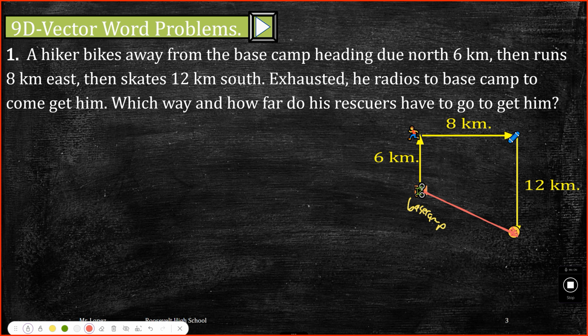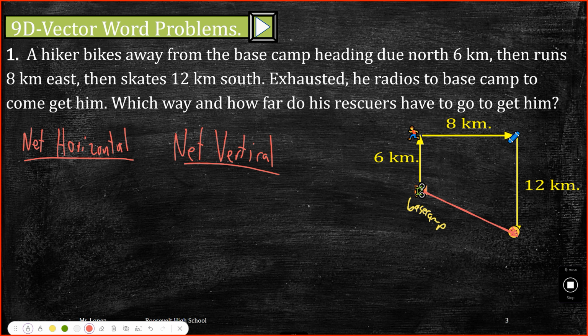One way to do this is to add up all the horizontal vectors, so the net horizontal vectors, no? And then we can do a net vertical. Direction matters.